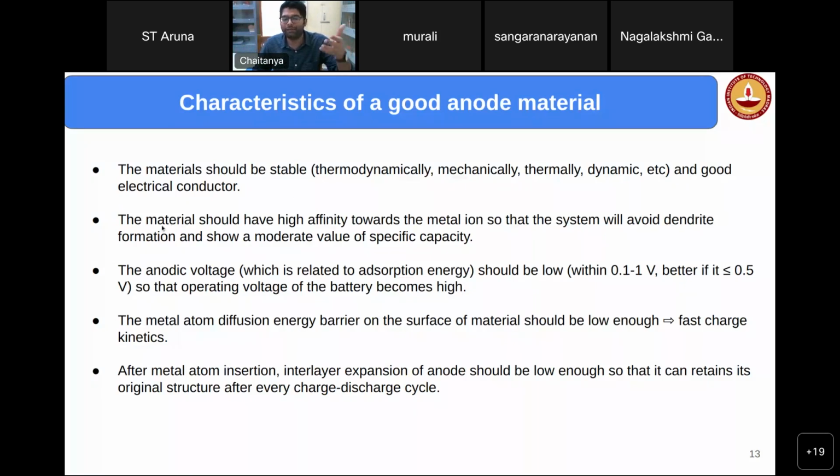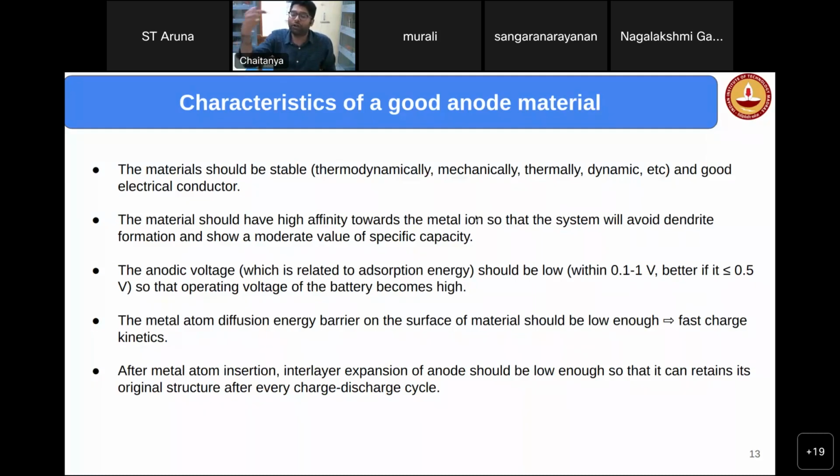Similarly, the material should have a high affinity towards the metal ion. For example, if you are considering a lithium ion and assuming graphite as the anode material, this anode should be able to attract the lithium and hold that lithium atom first of all. If it is unable to hold the lithium atom, what will happen? These lithium atoms will start to interact with each other and form an agglomerate, which we call a dendrite.